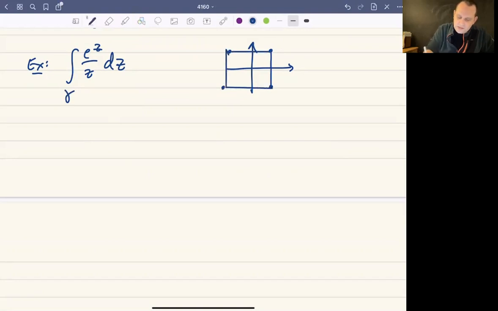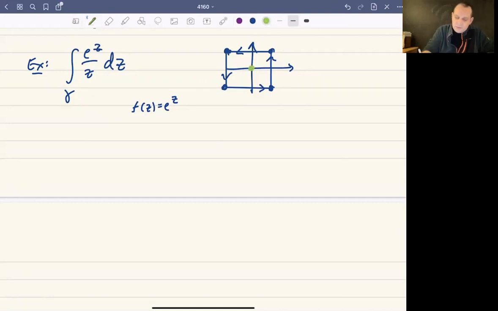So it's going to look like this. Okay. And from there, we can apply, again, Cauchy's integral formula. So e to the z is going to be our f. So our f of z is e to the z. You notice that 0 is inside. So 0 is inside gamma.